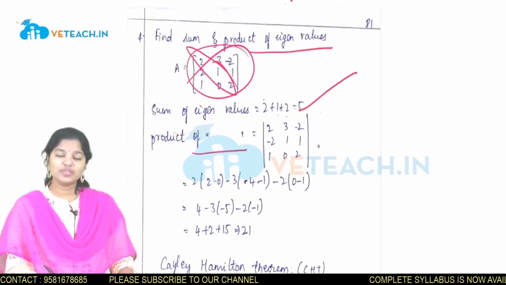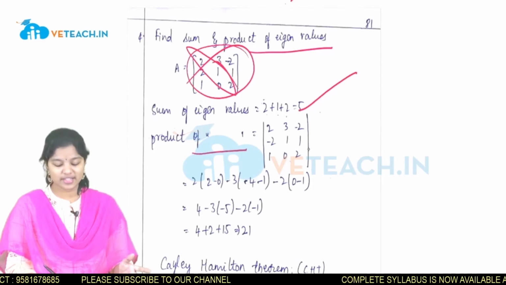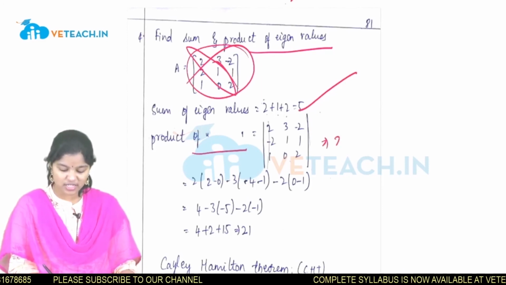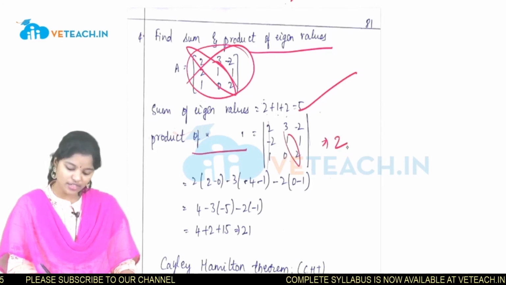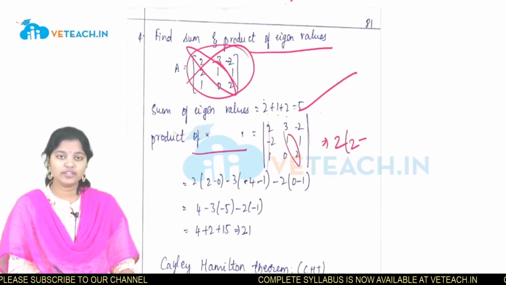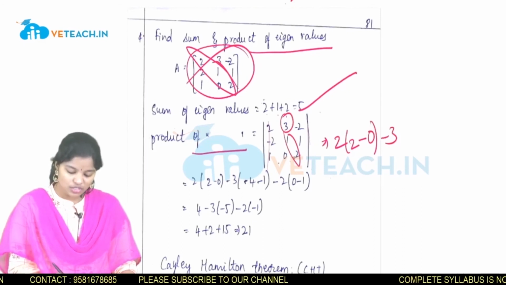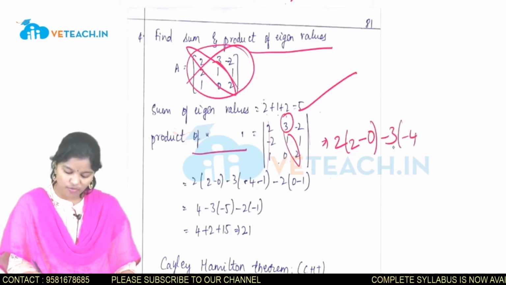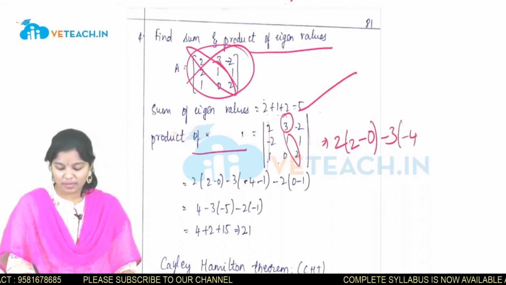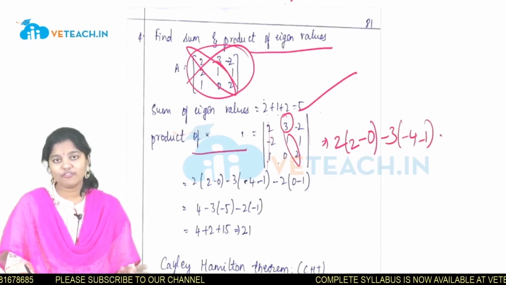Product of eigenvalues means the determinant of the given matrix. What is the determinant of this matrix? 2 into 1 into 2, that is 2, minus 1 into 0 is 0, minus 3 into 2 into minus 2, minus 4, minus 1 into 1 minus 1, plus of minus 2.